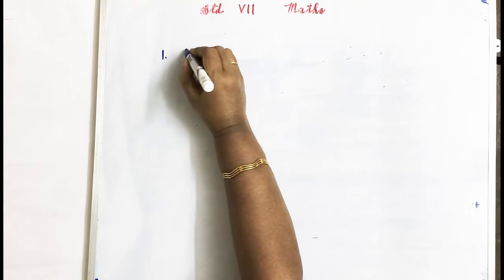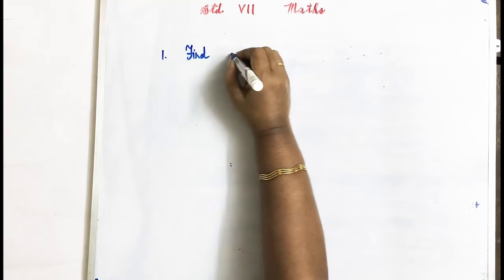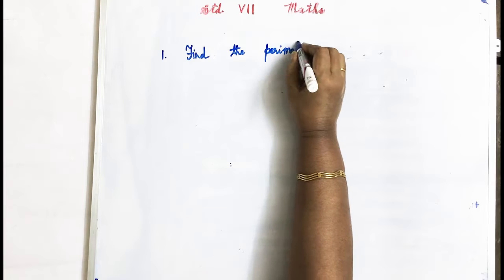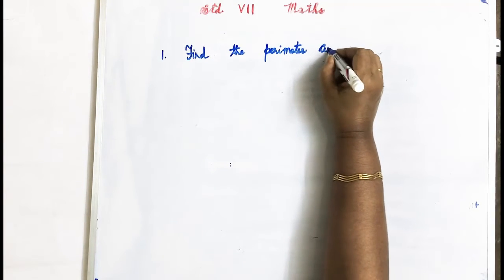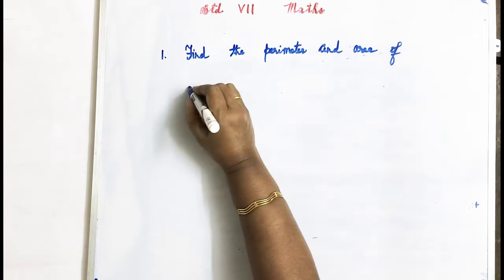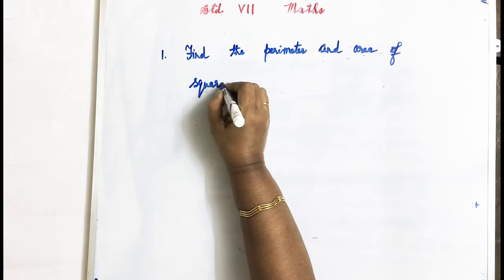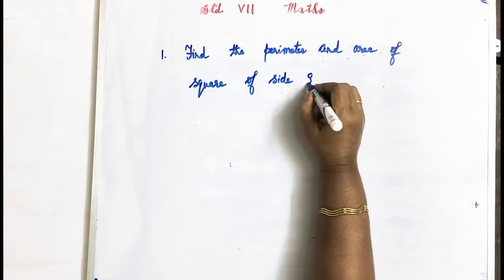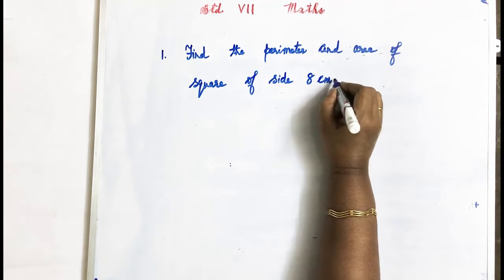Now first question is, find the perimeter and area of a square of side 8 centimeter.